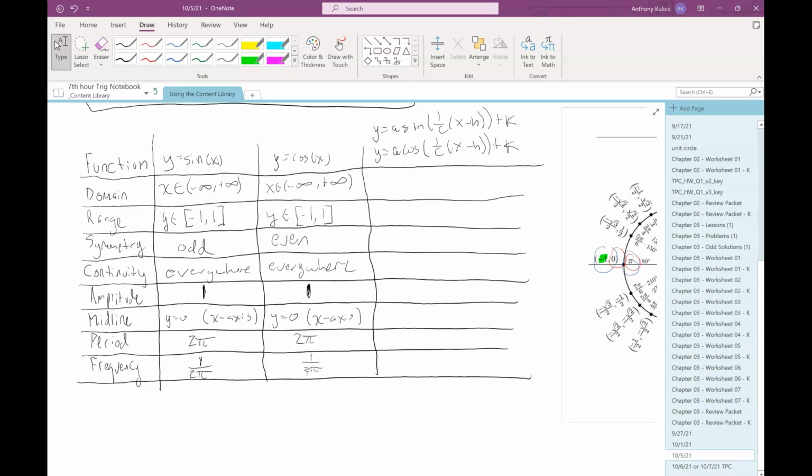Okay, so the domain was all real numbers. If I stretch something out, or reflect it, or pick it up and move it, can any of those actions create a vertical asymptote, or tear a hole in the graph, or rip 2 pieces apart? No, right?